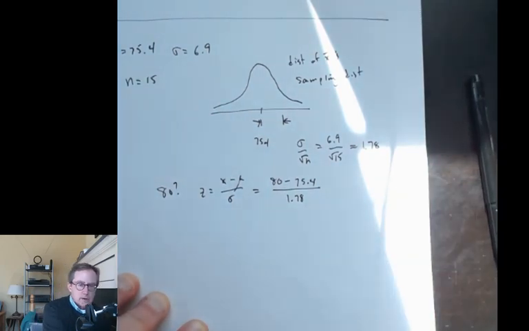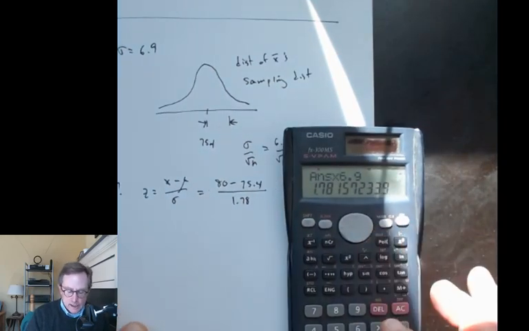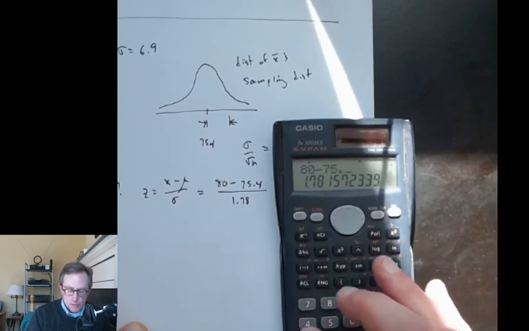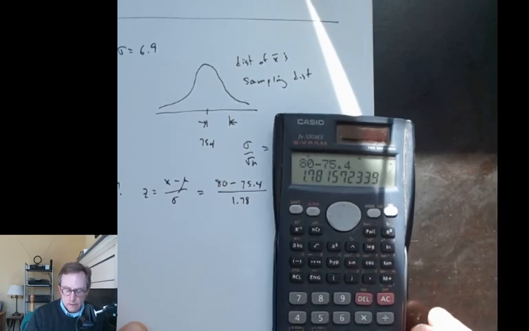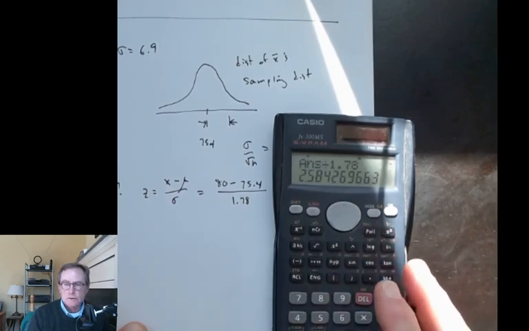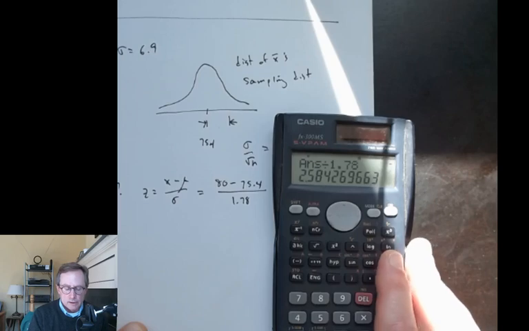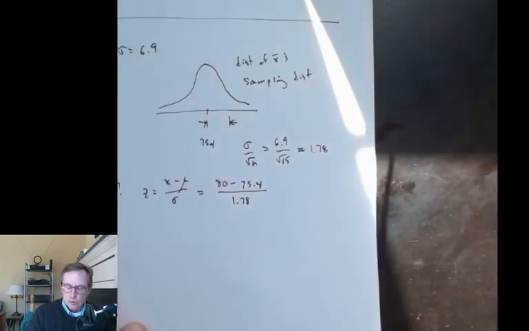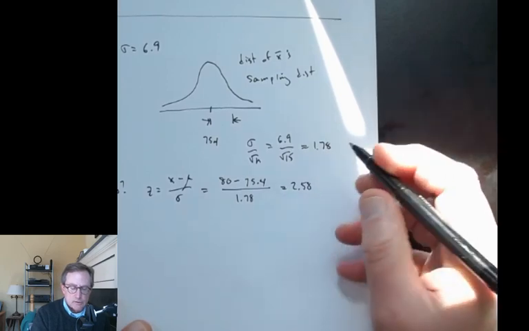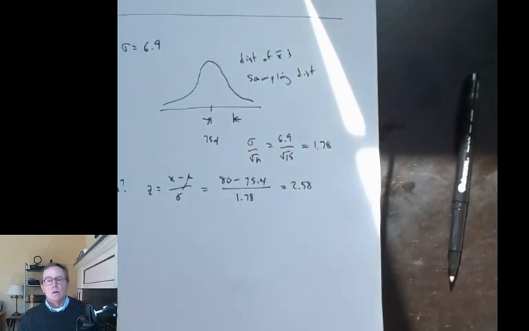Let's ask my calculator. 80 minus 75.4 equals, and divided by 1.78 equals, and I got 2.58 standard deviation units.